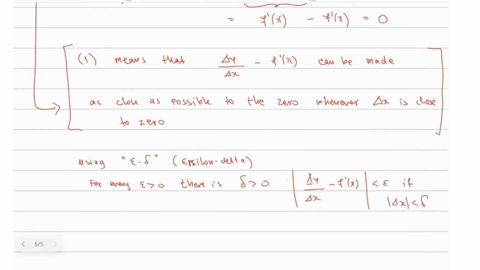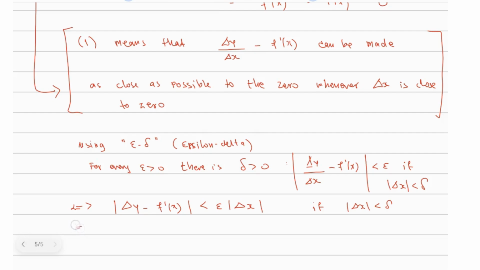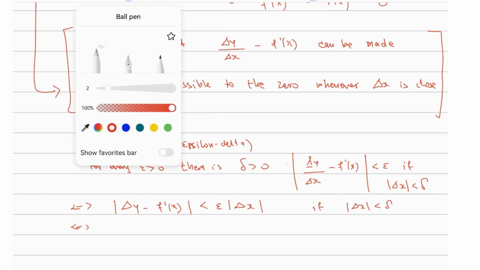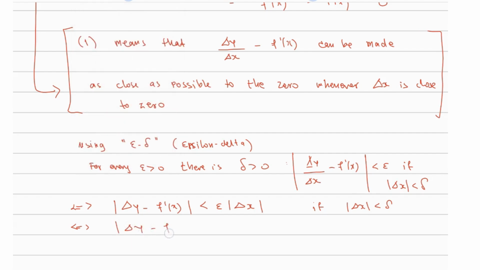Now this is equivalent to the absolute value of delta y minus f prime of x dx being less than epsilon times dx, if the absolute value of dx is less than delta.